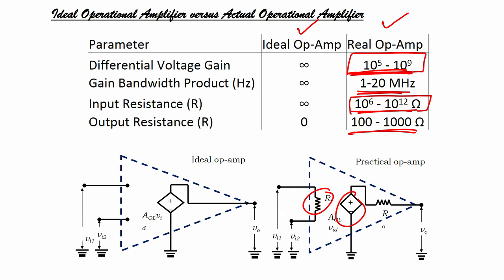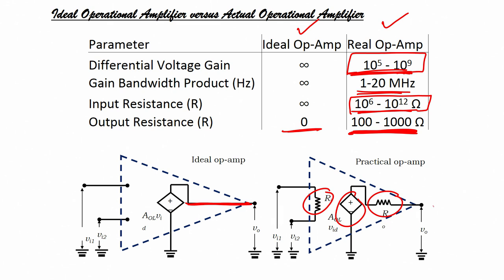Then it has low output resistance. So, still there is a resistance, it is not 0, right. So, you cannot connect like what we have seen in the ideal op amp, we have to insert a resistor, and this resistor value is low.